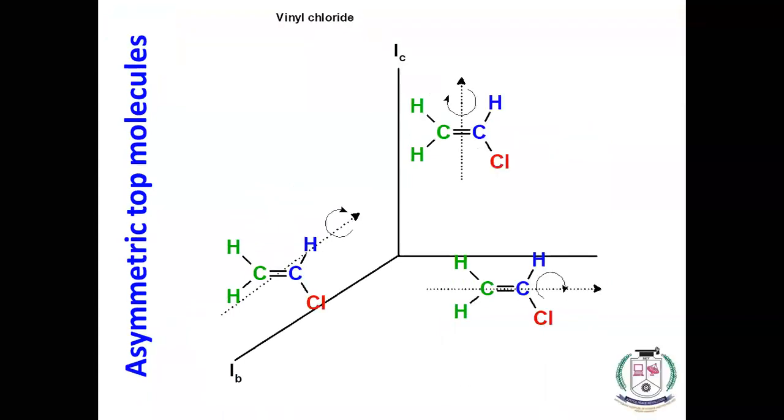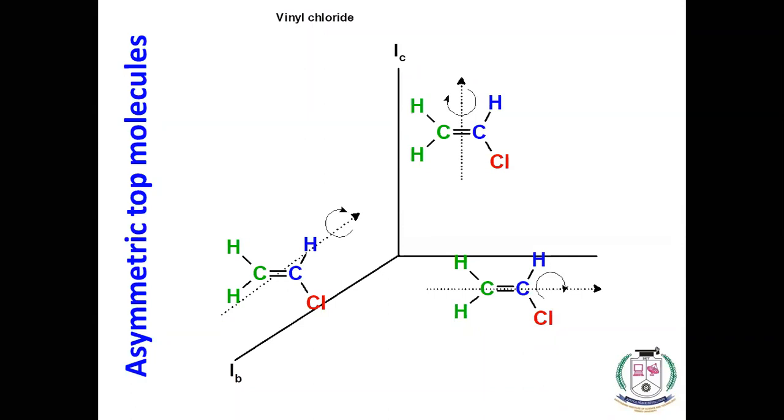And similarly, one more asymmetric top molecule, vinyl chloride. See, instead of one hydrogen, we are keeping chlorine. What happens? We are disturbing the moment of inertia. Now chlorine influence will be there, and Ia will be different, Ib will be different, Ic will be different.